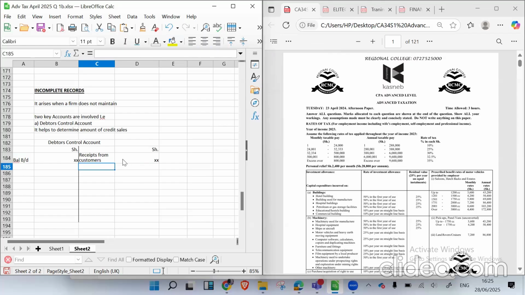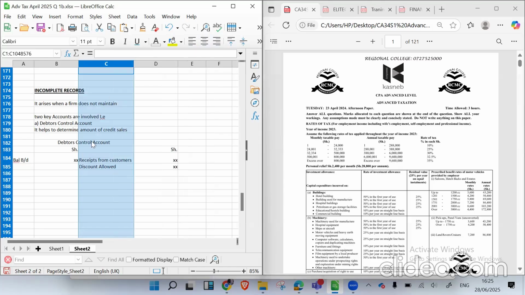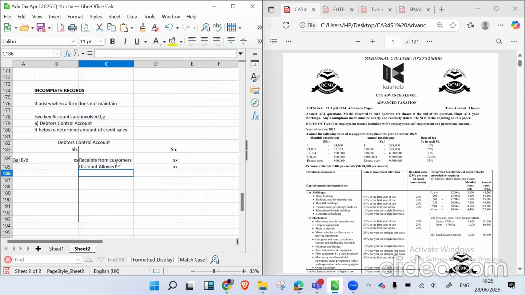When you allow the discount, we have it there. What else can we have under this? We can have return inwards. We had sold, and they return goods to us as return inwards.